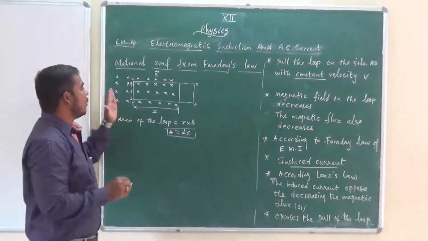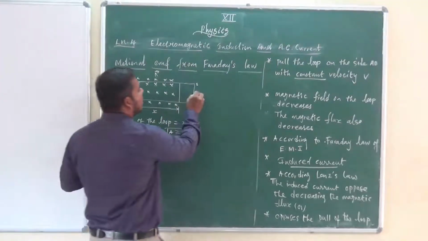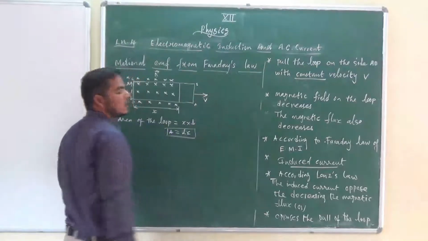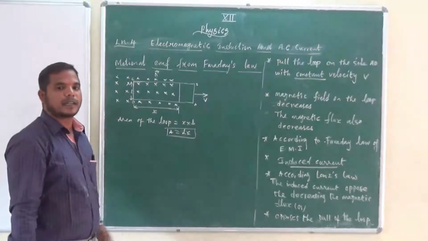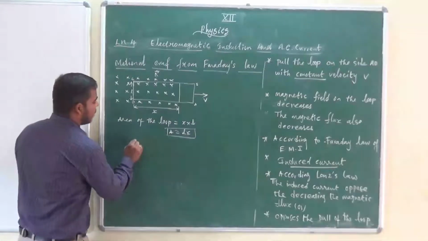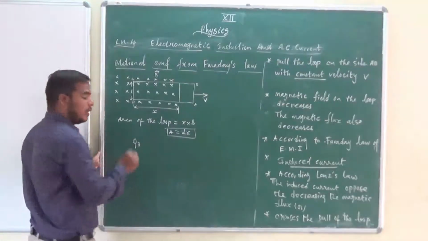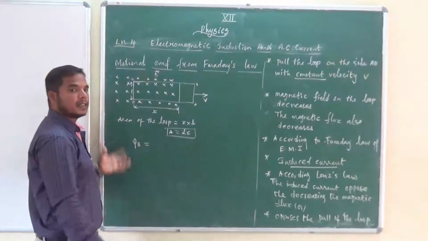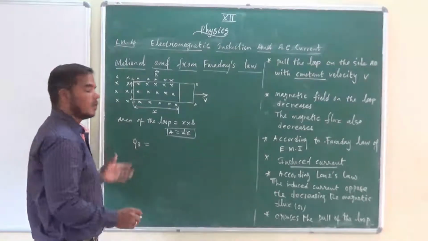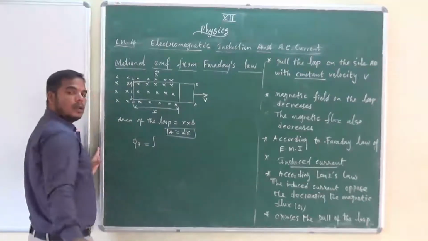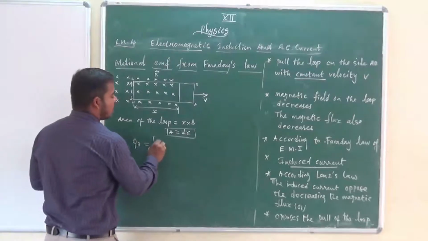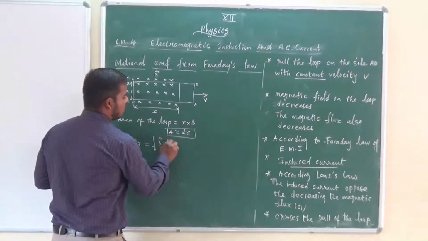Next, when the loop moves with constant velocity, it produces a change in magnetic flux. The magnetic flux is represented by the symbol Φ_B, equal to the integral of B vector dot dA vector.